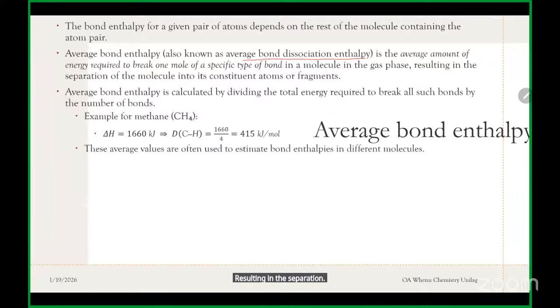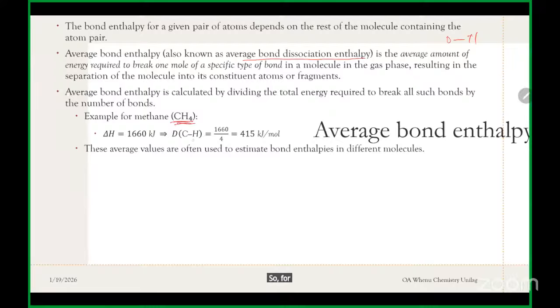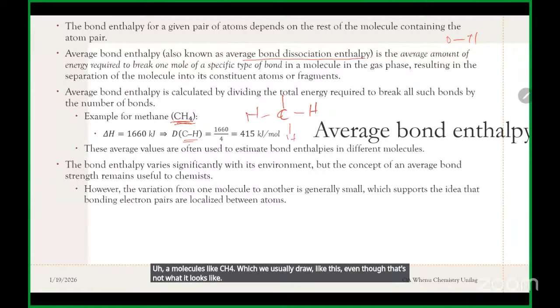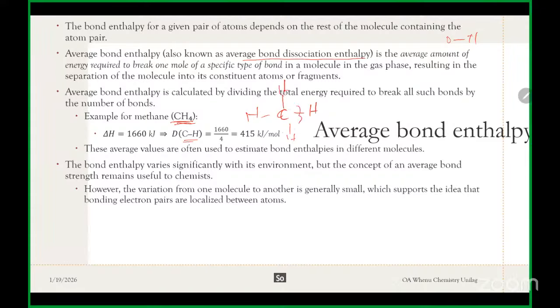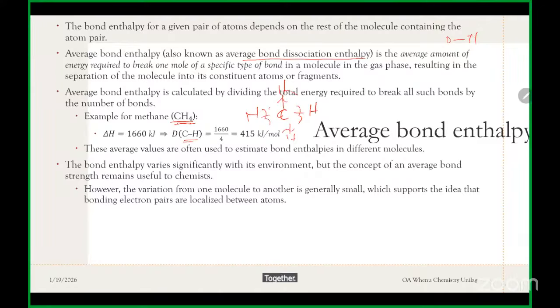Like the example that I gave, the average of OH will be the average of several OH in different bonds. For a bond like this, the average will be a molecule like CH4, which we usually draw like this, even though that's not what it looks like. So this will be really different, but we now take the average of all of them together.